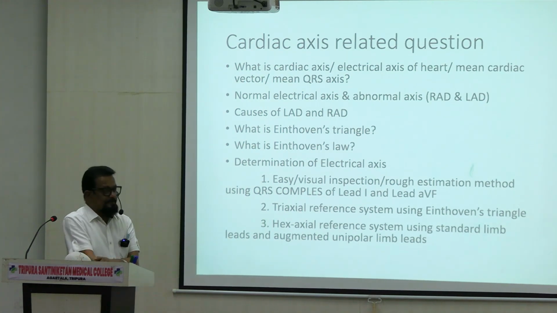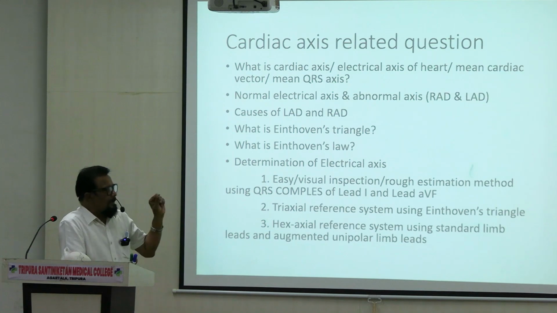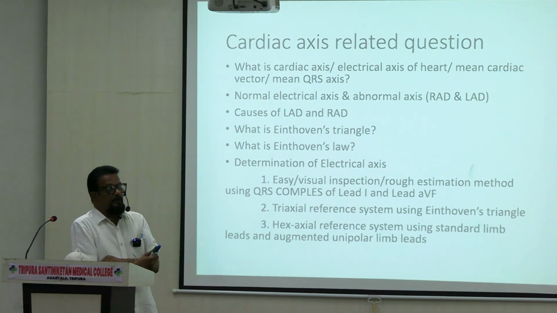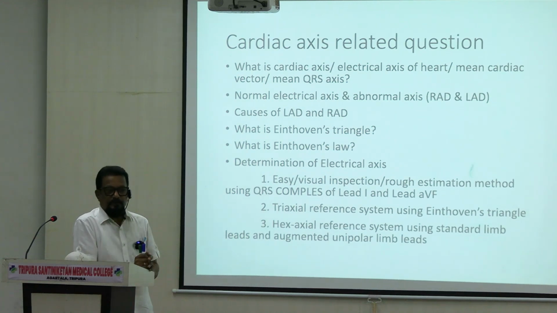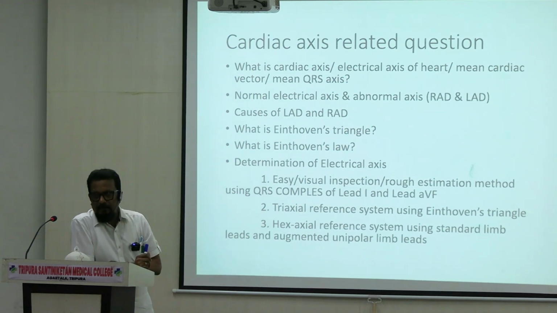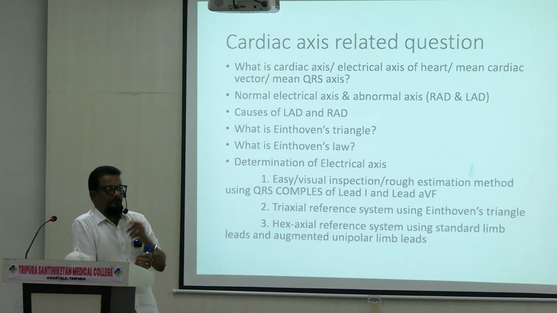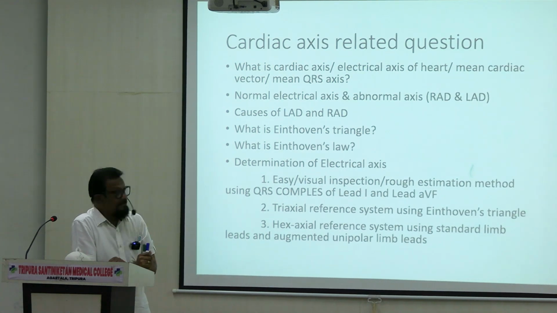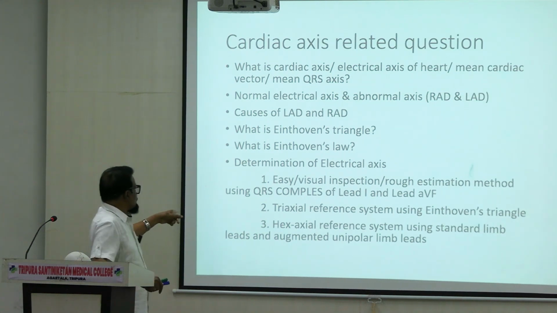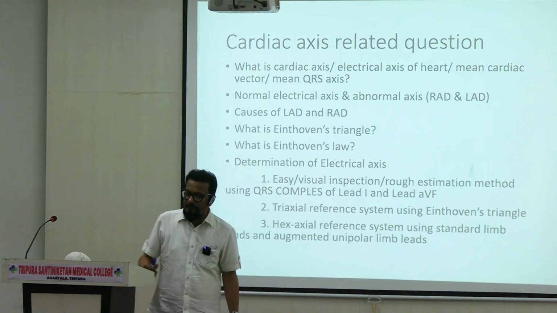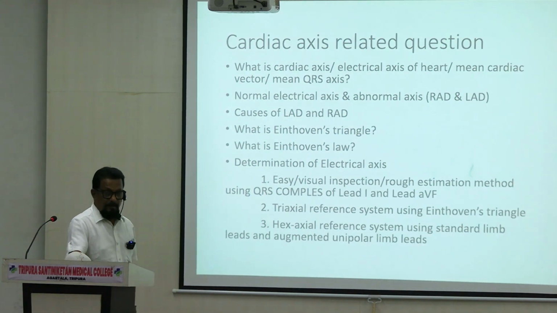Another method is the hexaxial system, with which you can roughly assess the electrical axis. Among the three, the reference system using Einthoven's triangle is the accurate one.